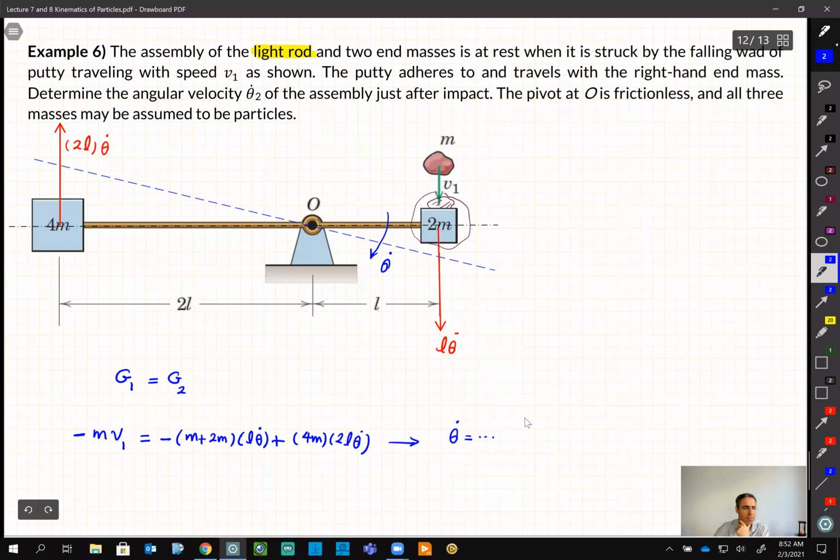Yep, that's simple. We can solve this problem. But this problem becomes a little bit complicated when this rod has a mass, and also when we have gravity. Let's say for now this thing is on a horizontal table, so the mass is going into the screen, and that's why we ignore it.